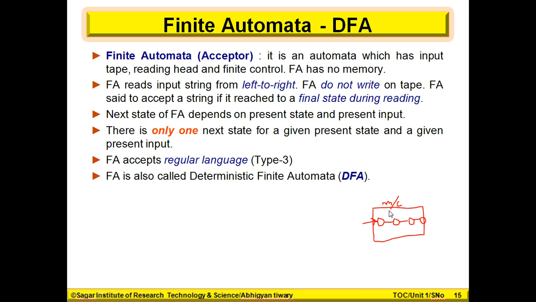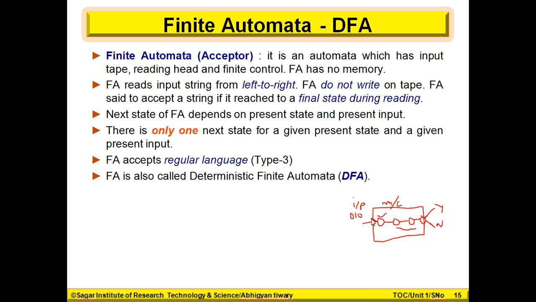So a machine is nothing but an automata which is going to take input from here. We will give it input in the form of 1, 0 or ABCD, whatever it may be, and we are going to get output in terms of yes or no. This is an initial state, this is a final state, and you can say these two are intermediate states.